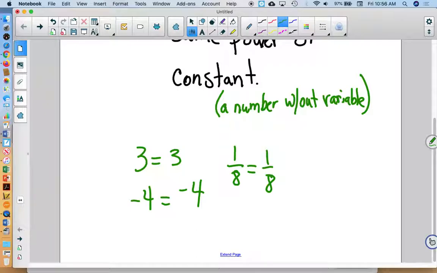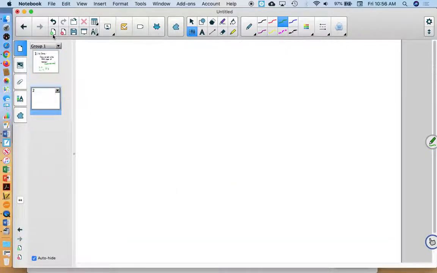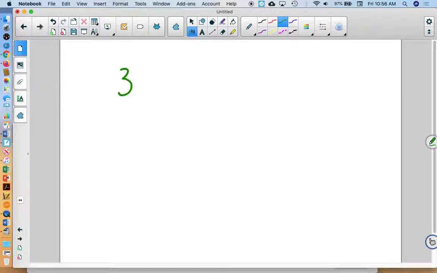The other thing that maybe we didn't make clear, and I think it's a step that we didn't talk about, is if we take 3x minus 5 plus 2x plus 4.